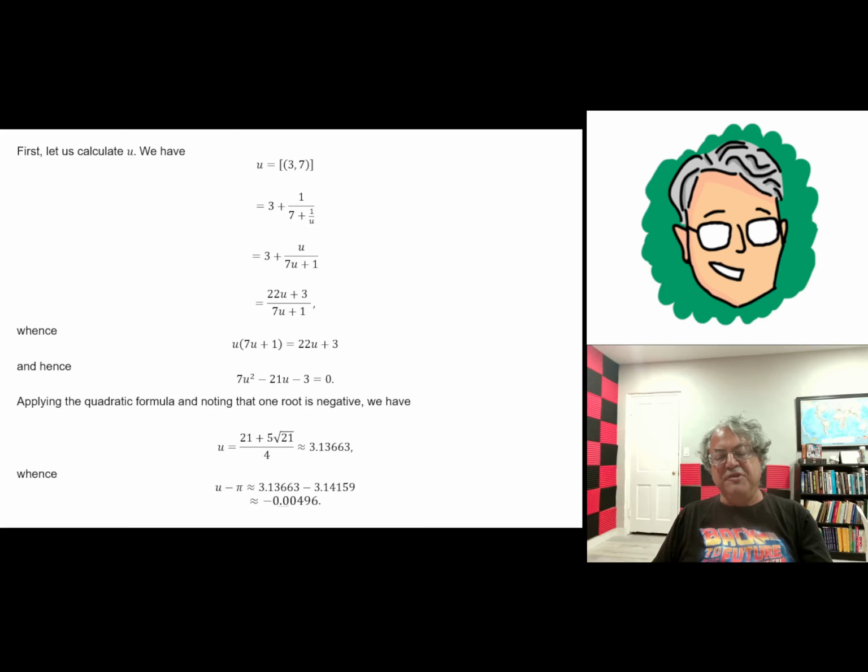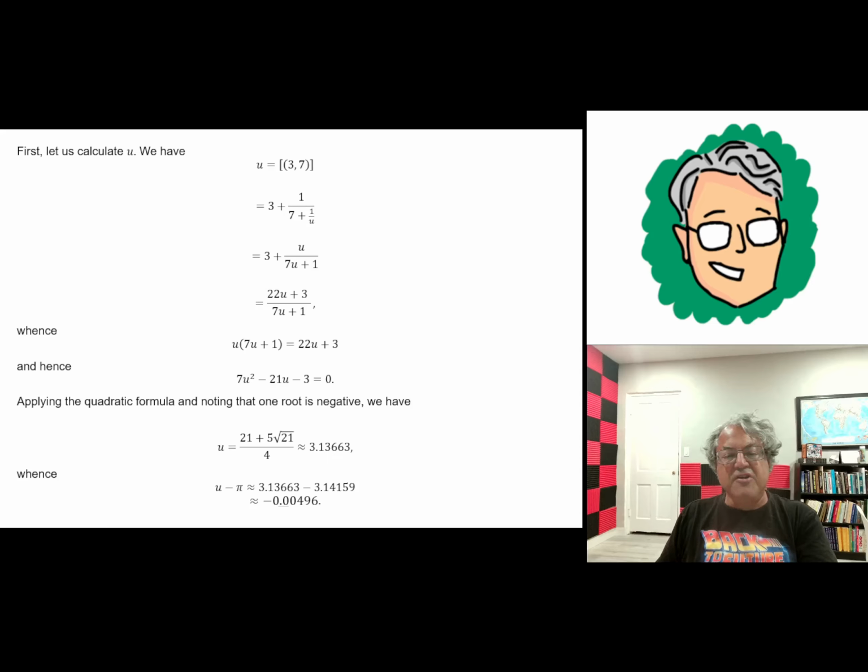And I don't know how well you guys can see these slides. They're a little hard to see, but first I'm going to start with u. So u is the one with periodic continued fraction 3 comma 7 repeating, and that's just going to be equal to 3 plus 1 over 7 plus 1 over 3 plus 1 over 7 and so on.